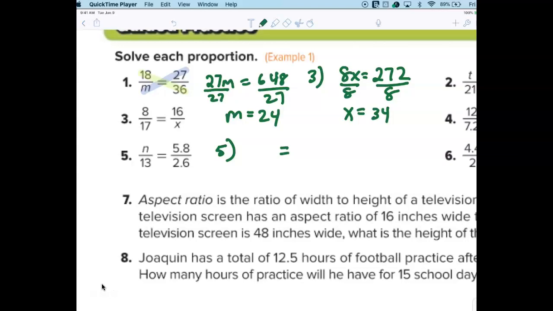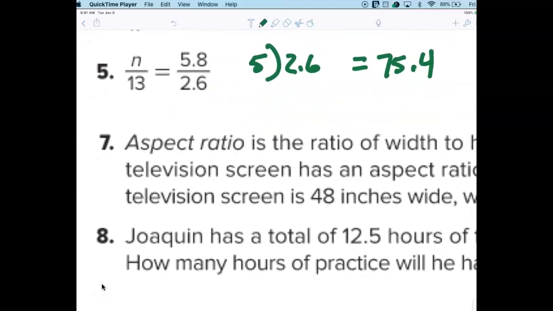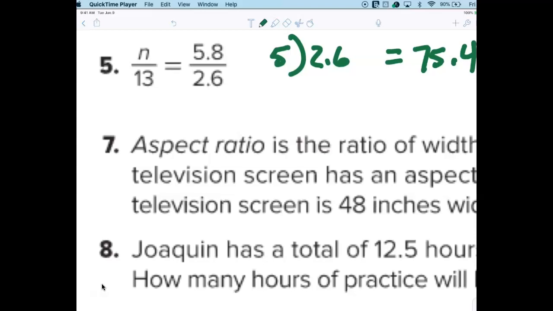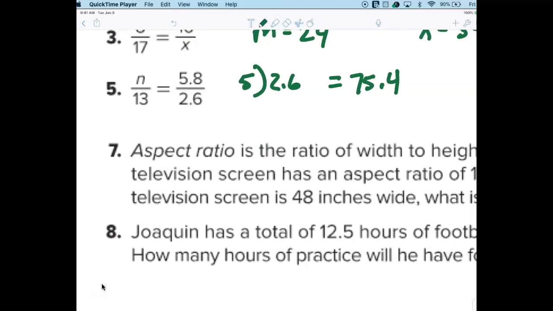I'm putting that answer on the right side. 75.4 equals 2.6 what variable? Somebody tell him. What letter? Yeah, come on, William. 2.6n.